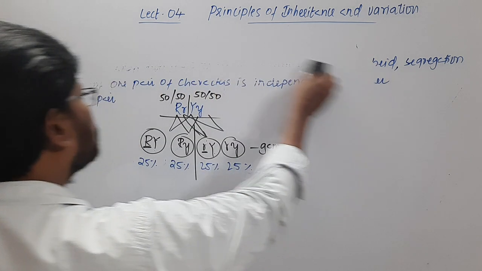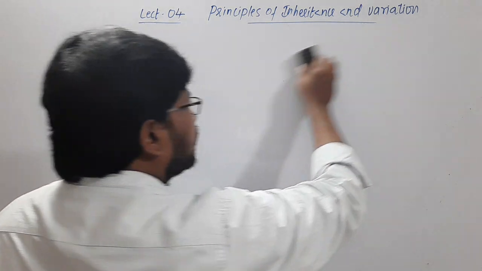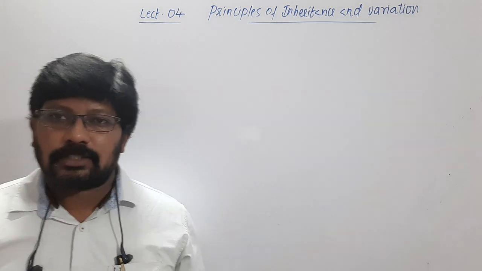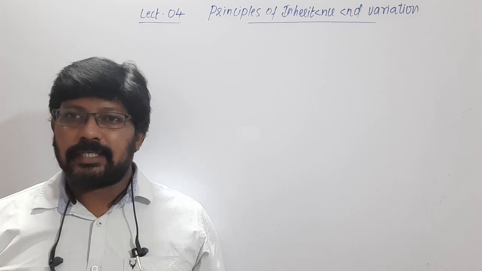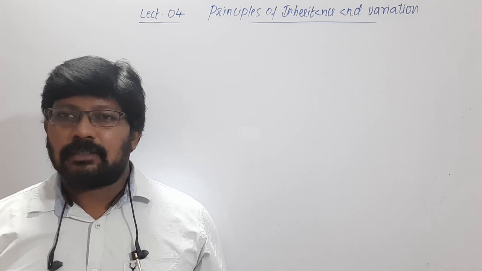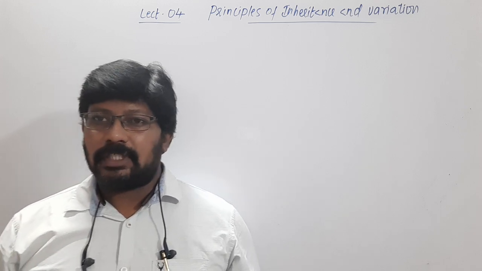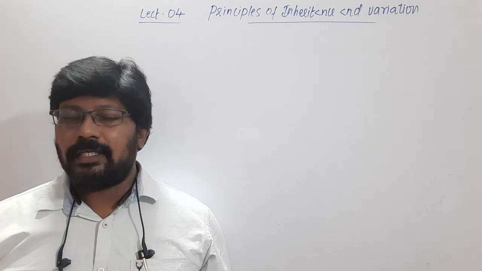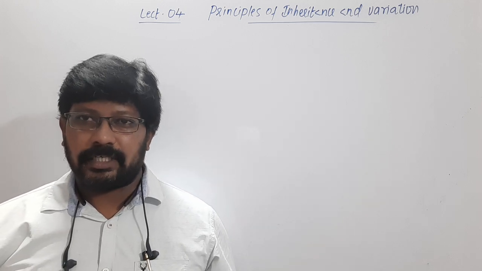Now, that's all about Mendel's experiments and laws. After Mendel, many other scientists followed the same way Mendel did experiments, by taking the homozygous conditions, crossing them, getting the F1 generation, and then self-crossing this F1 generation and looking at the F2 generations.